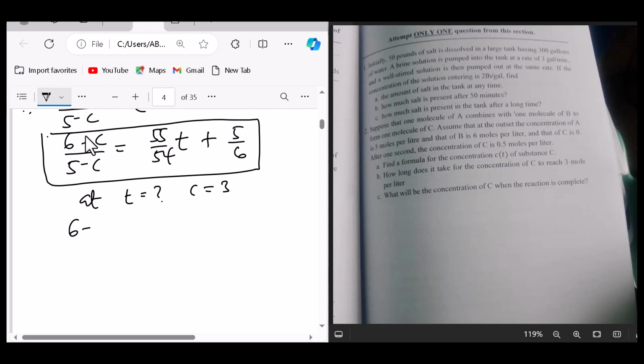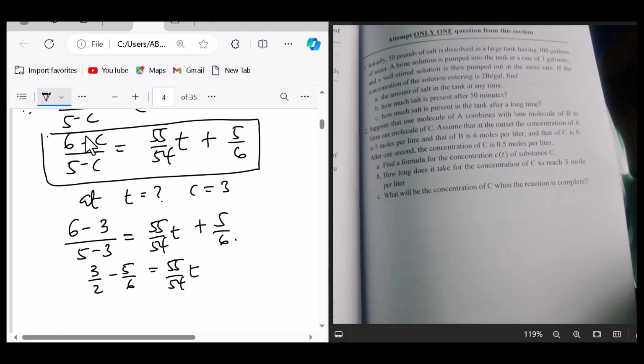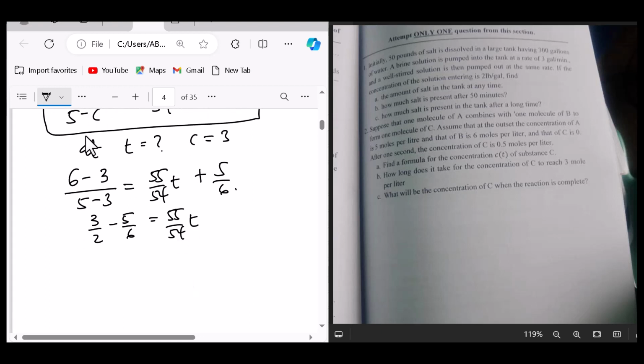So I'll just have (6 minus 3) over (5 minus 3) equals 55 over 54 t plus 5 over 6. And so here, just 3 over 2 minus 5 over 6 equals 55 over 54 t. Then 9 over 6 minus 5 over 6 over 55 over 54.